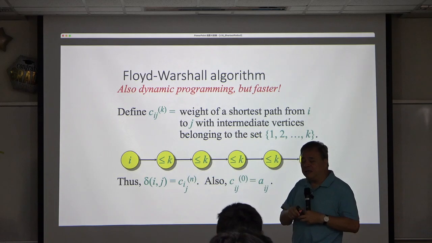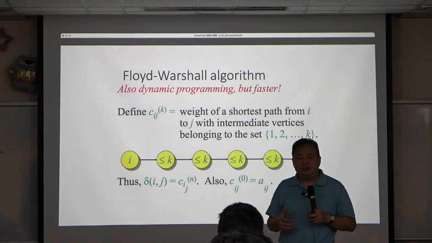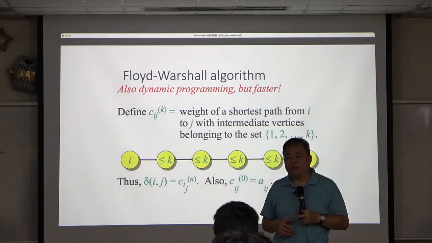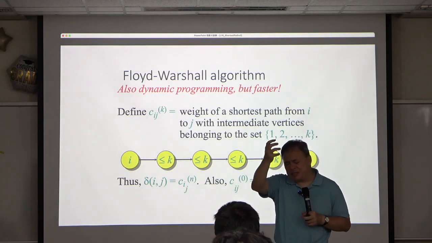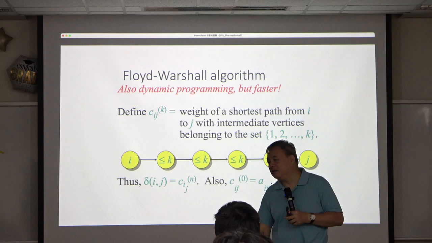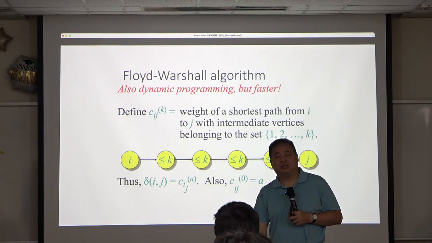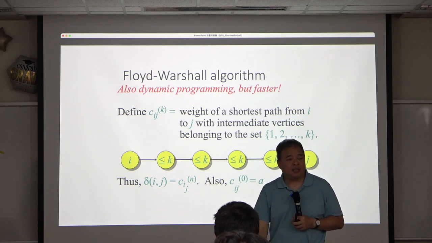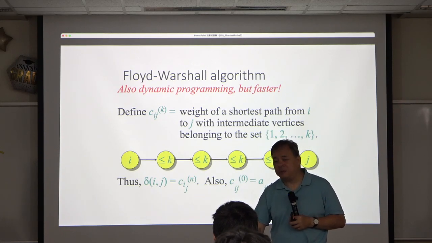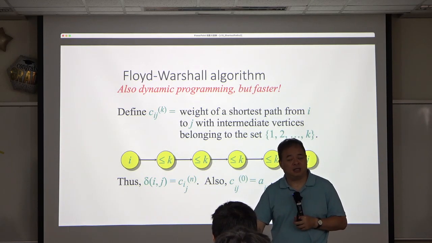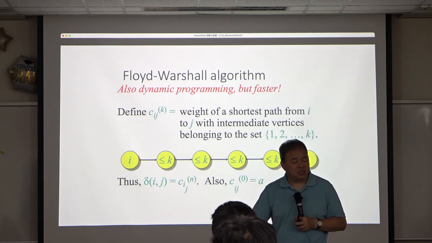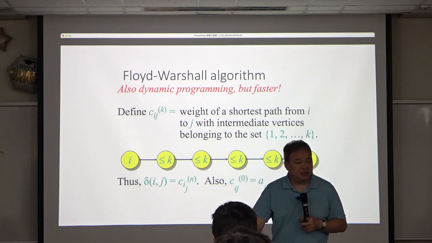First, let's rename the vertices from 1 to n. Some vertices may be named A, B, C, D, E, but that's fine. It doesn't change anything, right? For each vertex we give it a unique number.